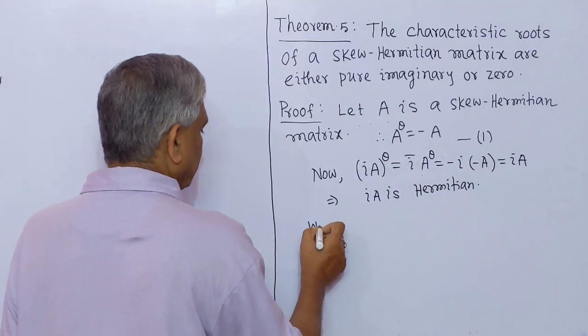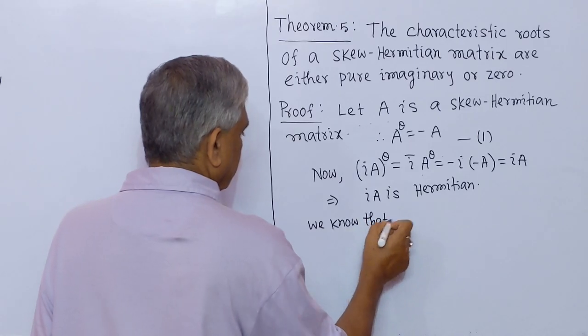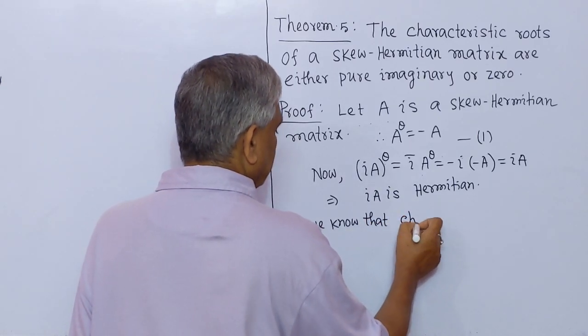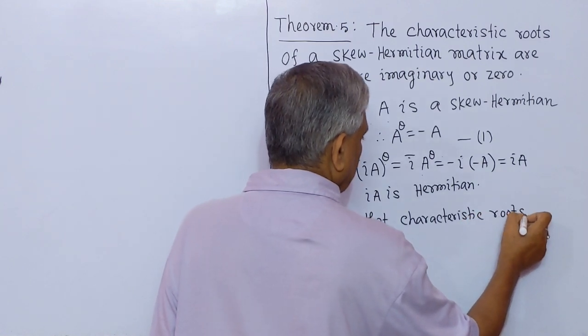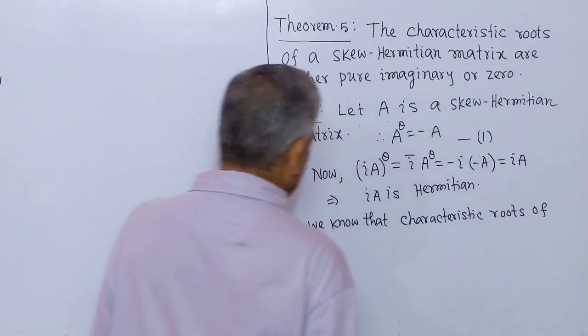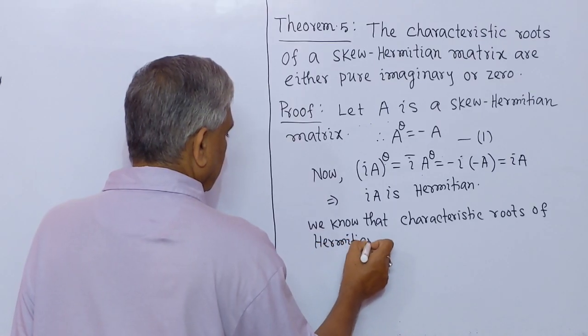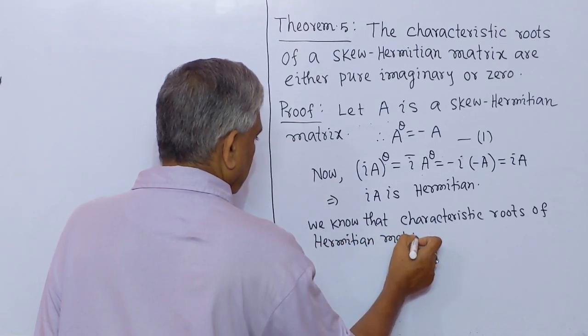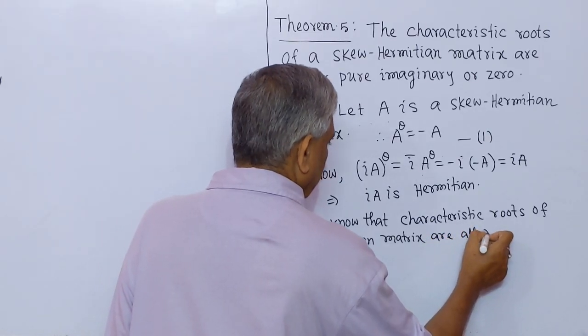We know that the characteristic roots of a Hermitian matrix are all real numbers.